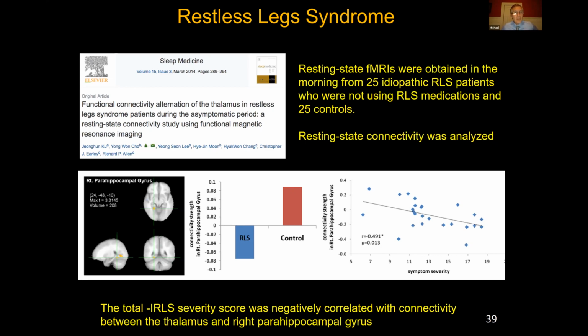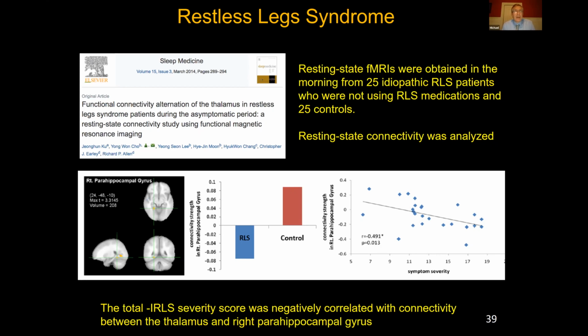So this is Chris Early and Richard Allen, who are really leaders in the field of restless legs for many, many years. I've lost track of the field, so I'm not sure what the current groups are, but what was key is that they were using fMRI as well, and they looked at 25 idiopathic restless legs patients.